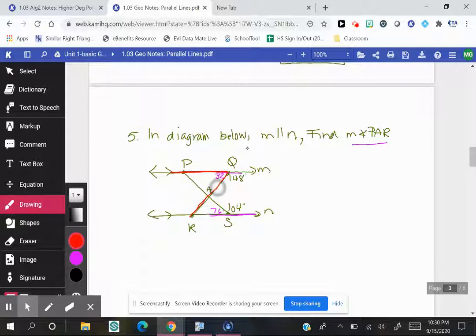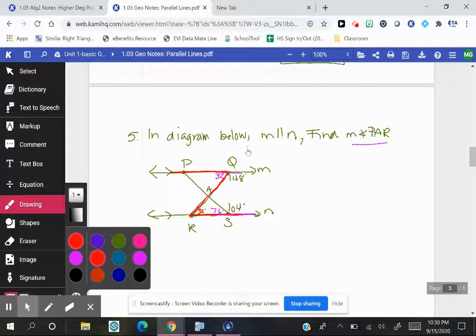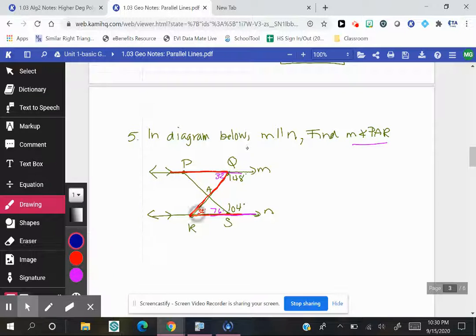Find the Z, because that one's usually our go-to. So now I have a Z, so this angle must be 32. Let's find our Z over here. I've got where the 76 is. If I find the Z with that, that means this one's going to be 76 degrees.